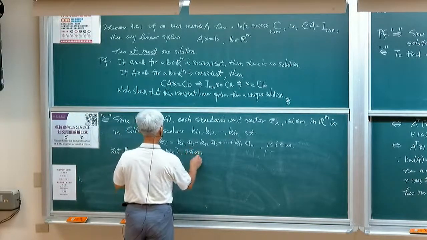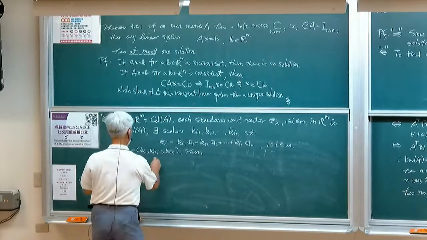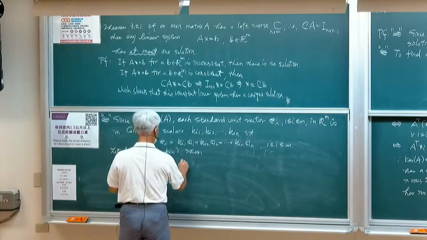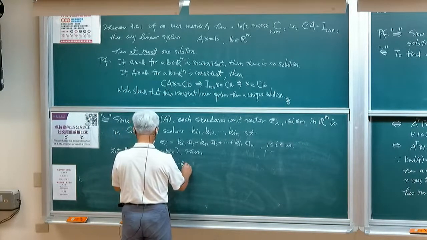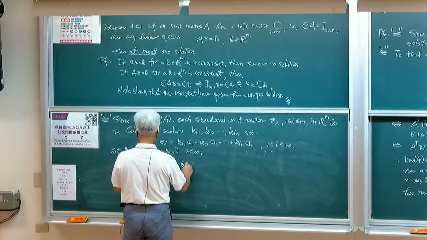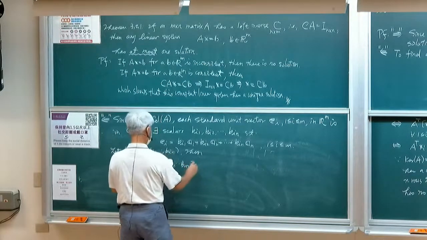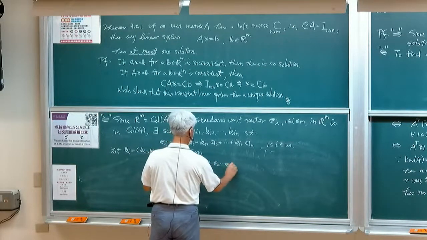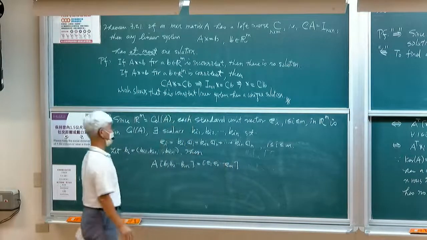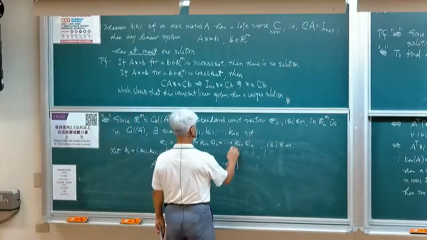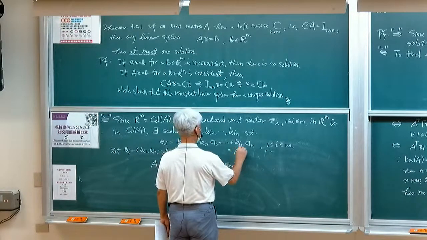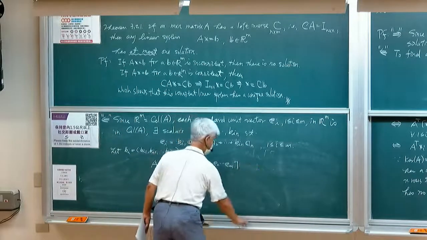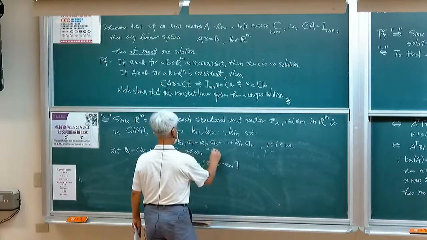Then we can rewrite that A b1, b2, up to bm is equal to e1, e2, up to em.